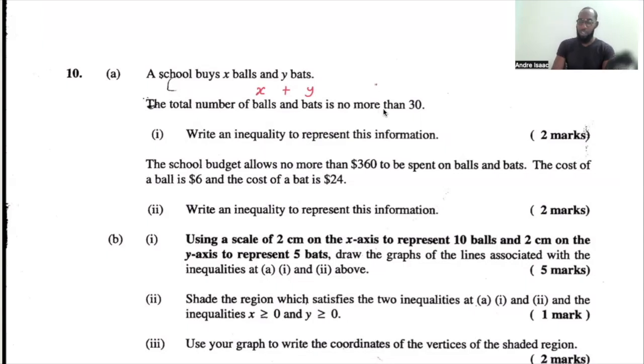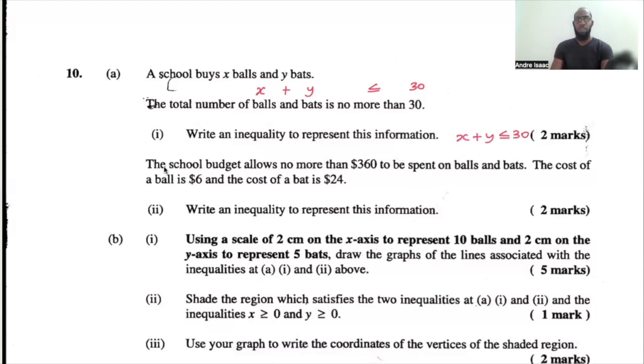So we're bringing in the inequality symbol there. When they ask us to write an inequality to represent this information, this is simply X plus Y less than or equal to 30.